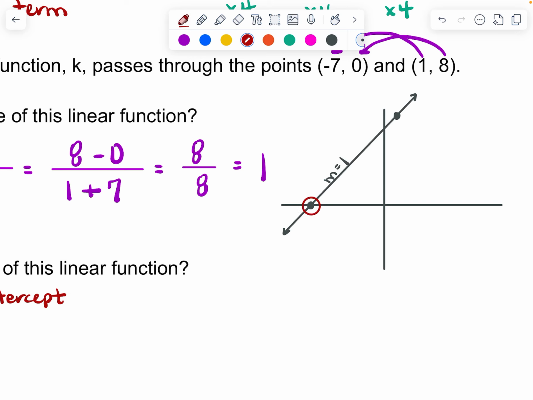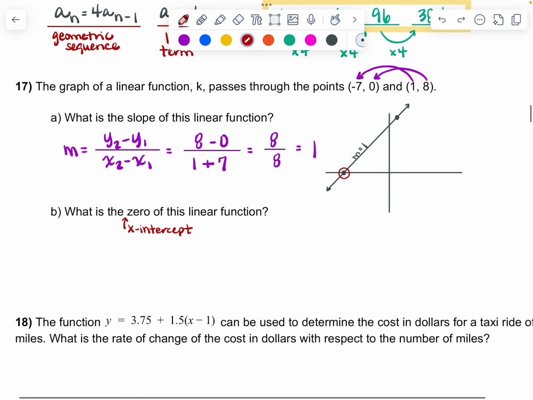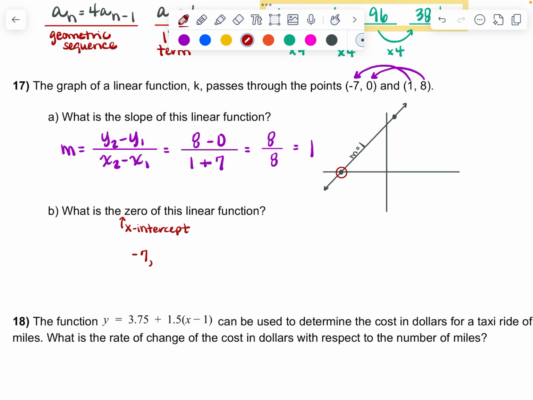They actually gave that to us, right? We don't have to go hunting for it or anything. It's literally right there in the problem. They told us right here that it's passing through negative 7, 0. That's the x-intercept. So just kind of having the awareness of the fact that that point was actually provided to you.